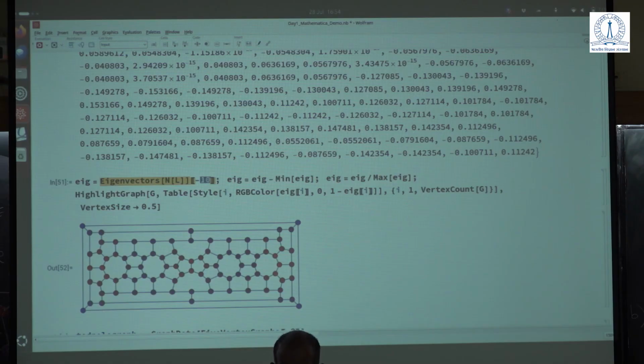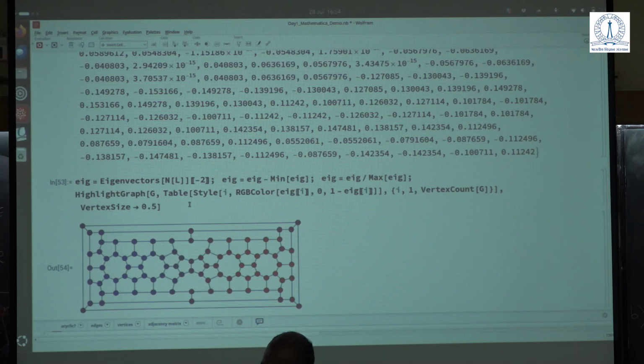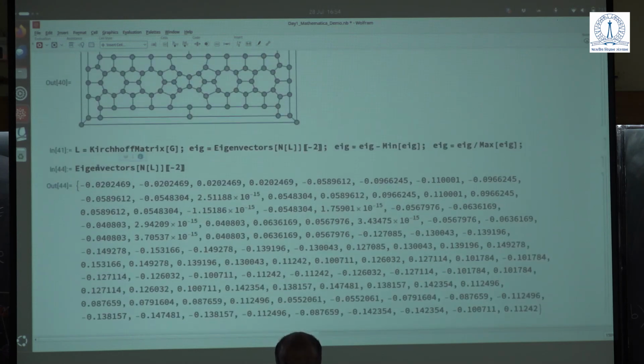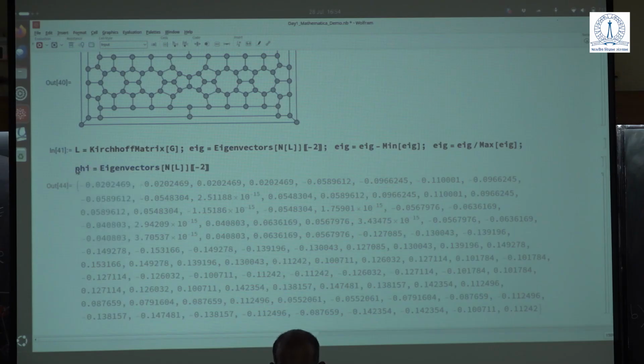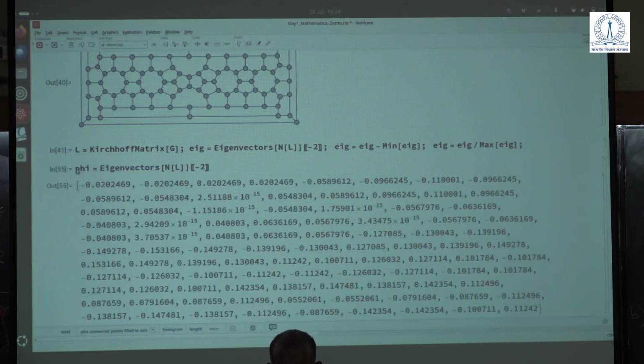I mean this one has a lot of entries in phi. But still, if I call this phi, let's try doing the second approximation algorithm.